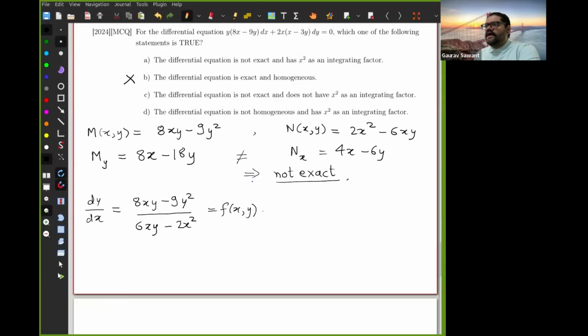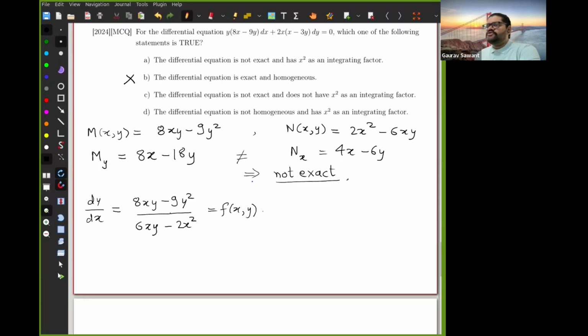And then I see that the total degree, involving both x and y together, is 2, both for numerator and denominator. And there is no degree 1 or a constant term appearing.